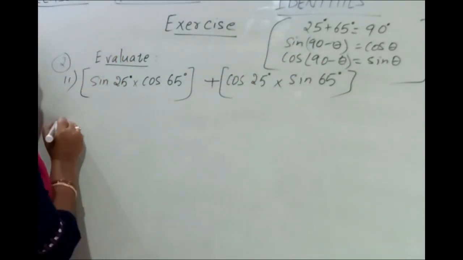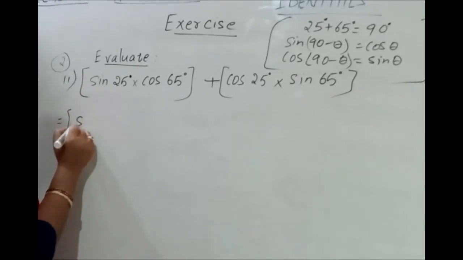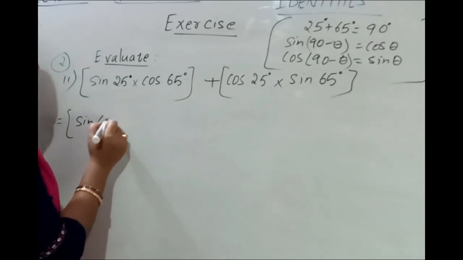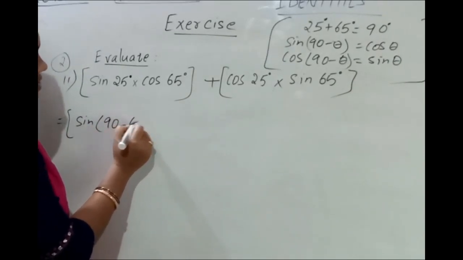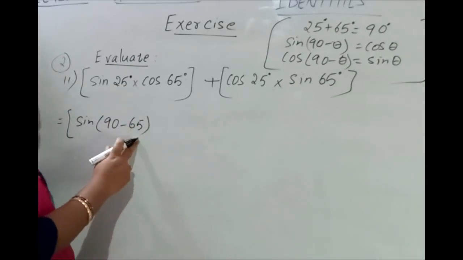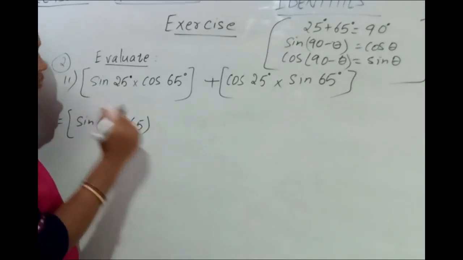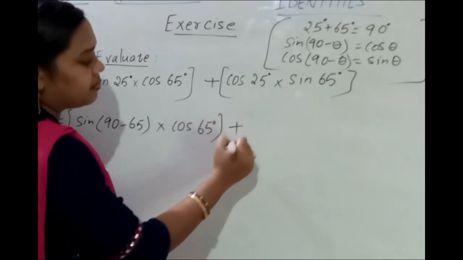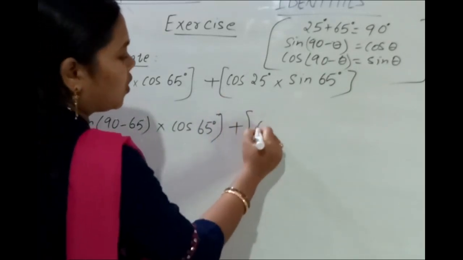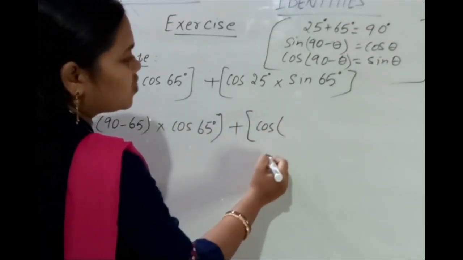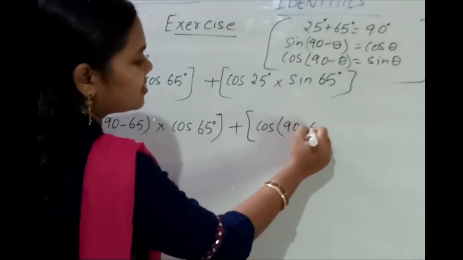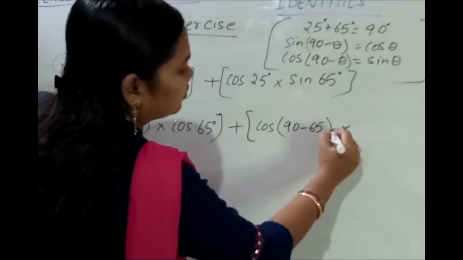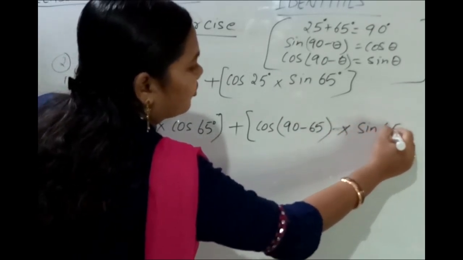So here what you will do: sin 25, in place of 25 what will I write? 90 minus 65, subtract and you will get 25, into cos 65. Plus the second one, cos 25, in place of 25 I will write 90 minus 65, into sin 65.